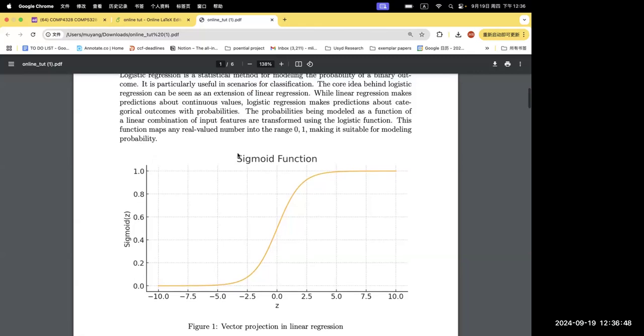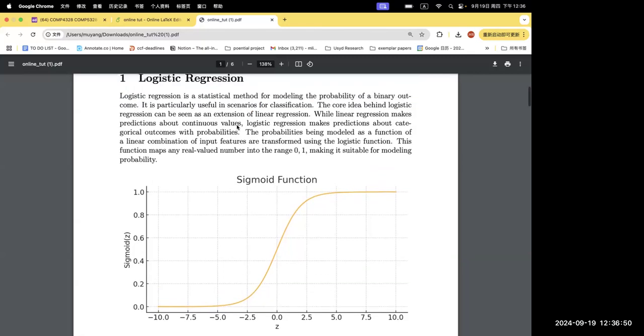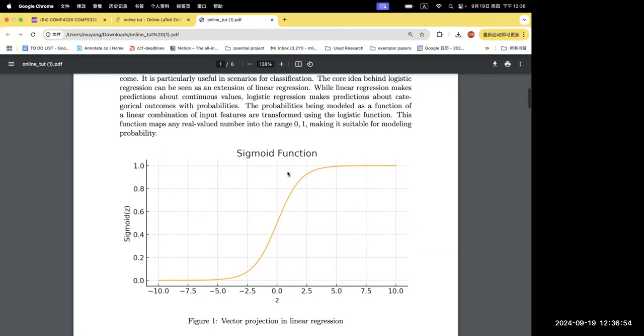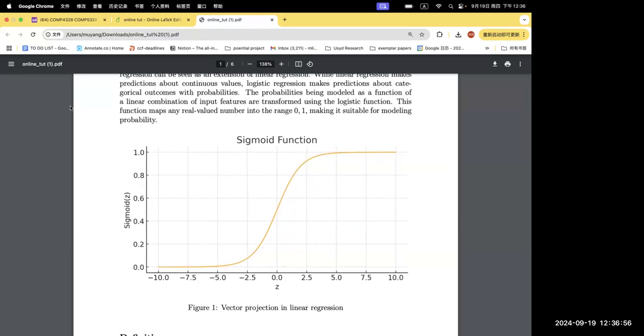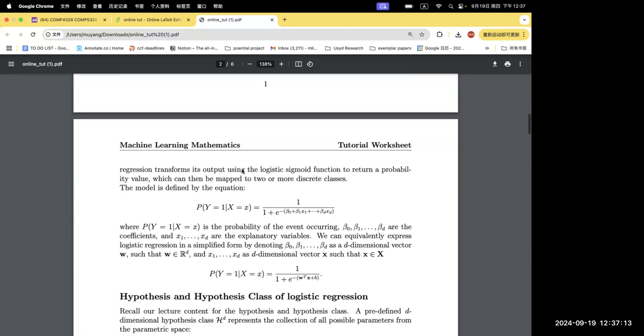That is the reason why we have the logistic regression model. Essentially, logistic regression takes the original output of a linear regression model, which is this z value here on the x-axis, and applies a sigmoid function to it, which looks like this.